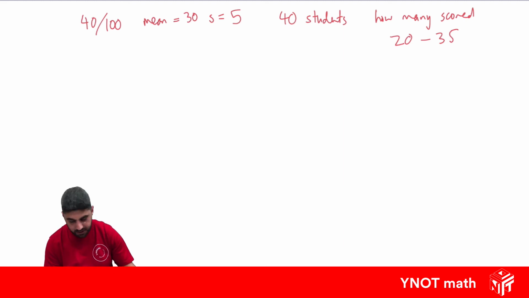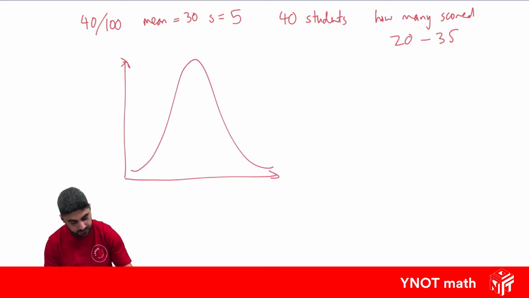For this, it is actually helpful to draw a diagram. So we'll draw a normal distribution. We'll put the mean in. The mean was 30. And we're after scores between 20 and 35. So to do that, we're going to have to go 2 standard deviations below, so 25 and 20, and 1 standard deviation above, which we're going to get 35.